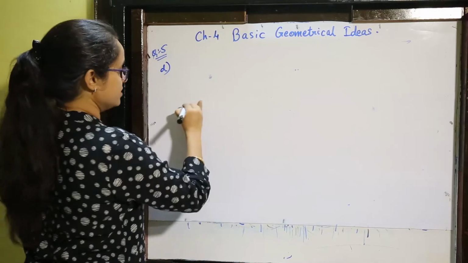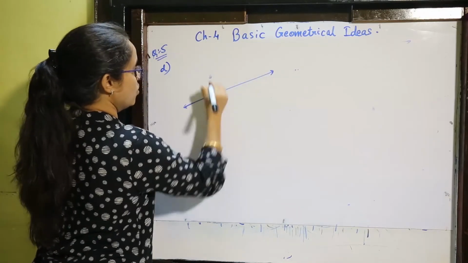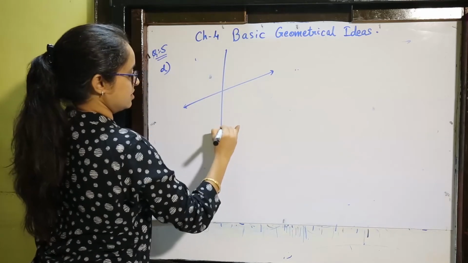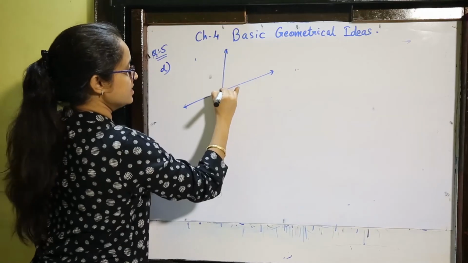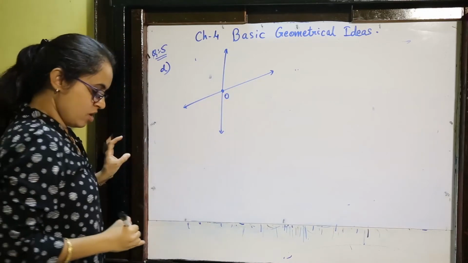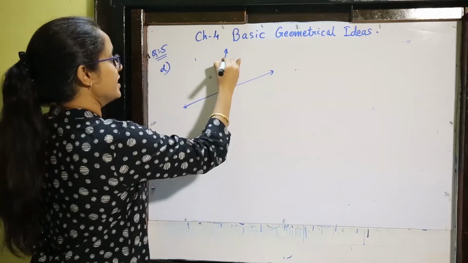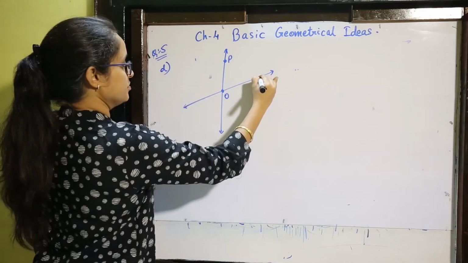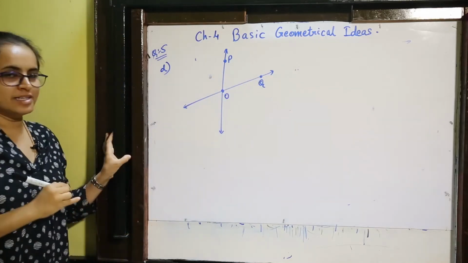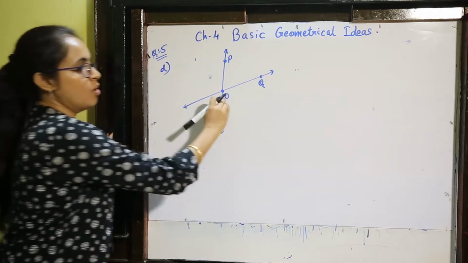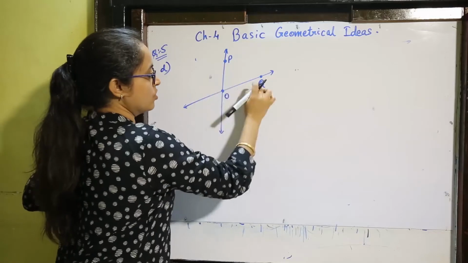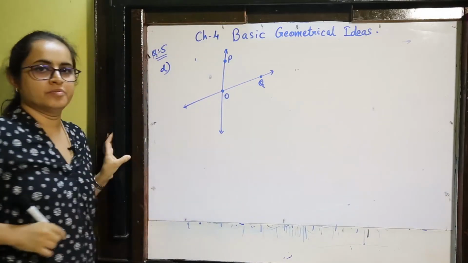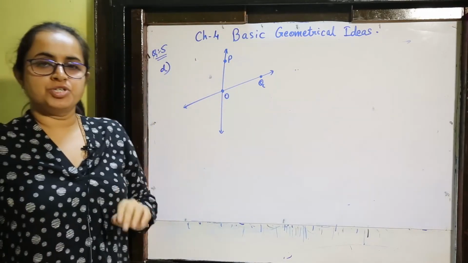It is saying that there are two lines which are intersecting at point O, and the names of these two lines are OP and OQ. So it's like this. OP and OQ are intersecting at point O. So that's all in question number 5.